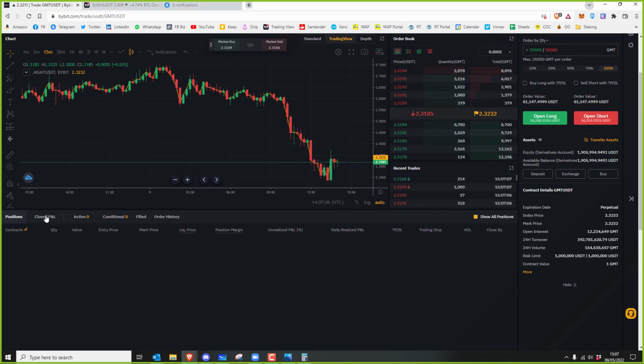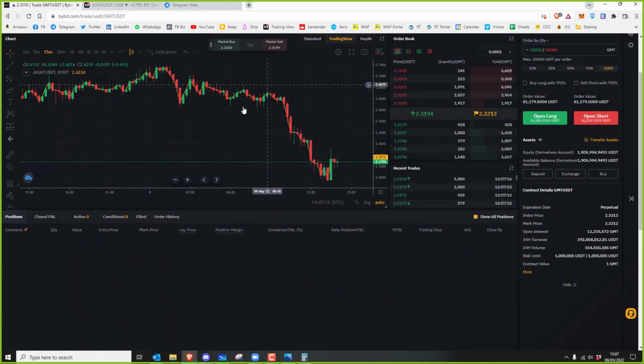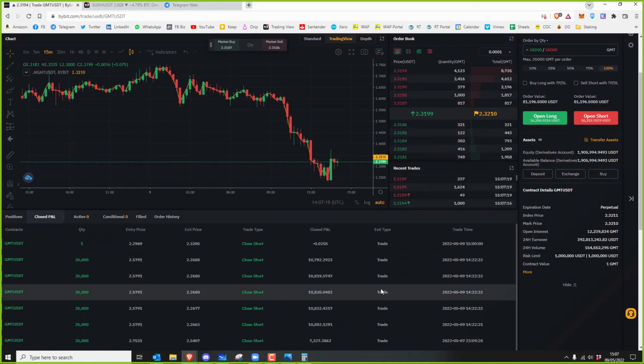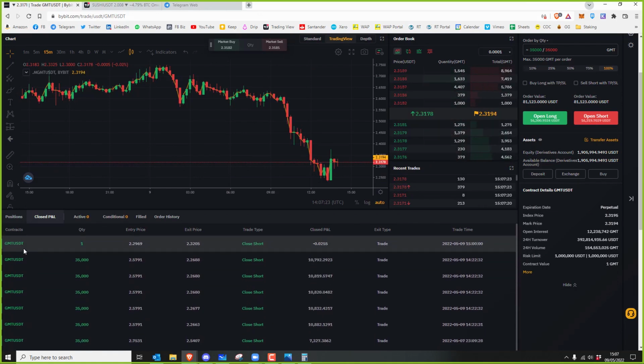When you close trades, what I would like to see is a very similar board going, look, all of these are my closed trades and I closed for 23 grand profit for Ether, etc. But when I click on closed P&L, look at that, it's a mess because it only does it per symbol.